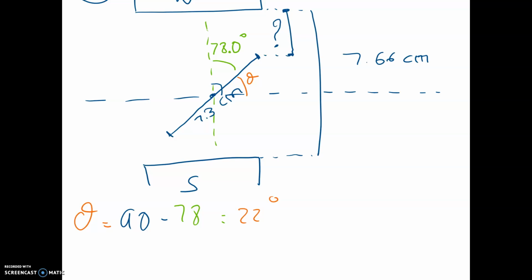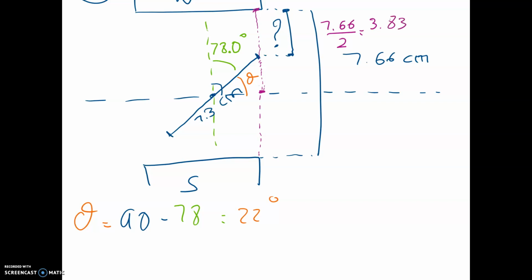The way the picture is done can be confusing, because in fact what you're looking for is this distance right here. So if I draw a line like that, I know that from there to there, the distance is going to be 7.66 divided by 2, which is 3.83.